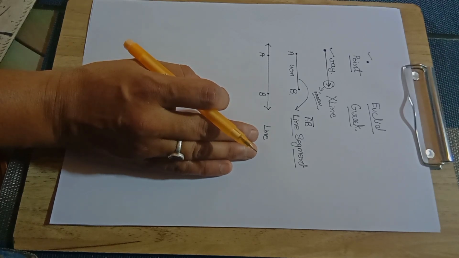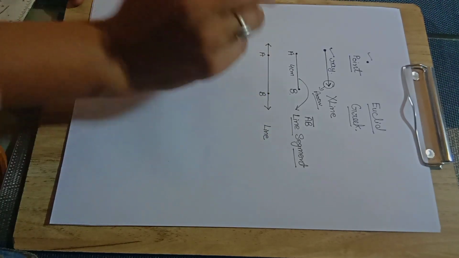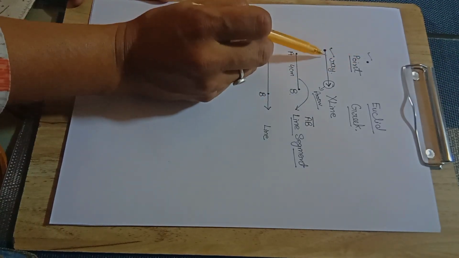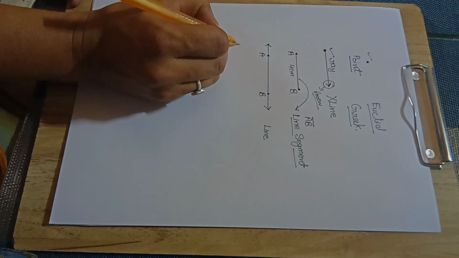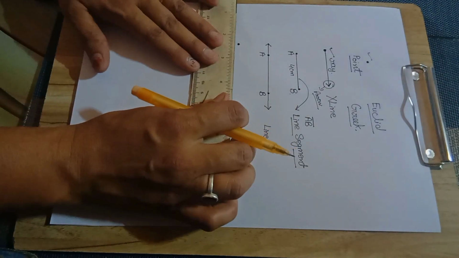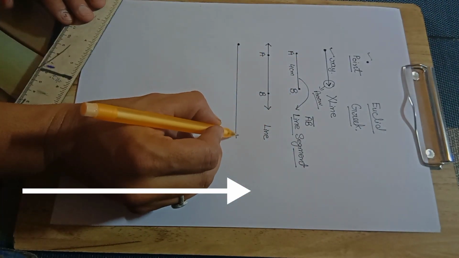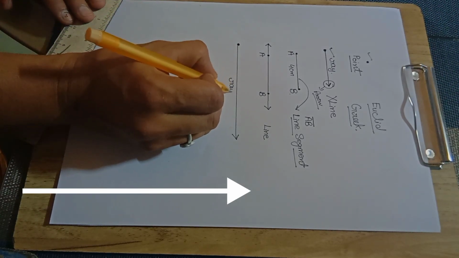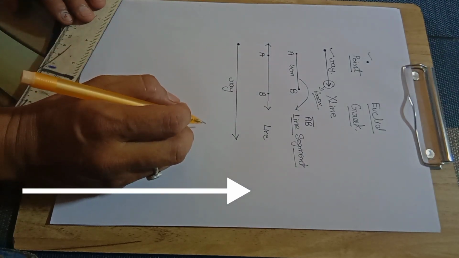So I hope you all understand what is a line, what is a line segment, what is a ray, and what is a point. A ray. Let us talk about ray. A ray starts from a point and it has only a single point, only its starting point, and it has no end. For example, we talk about sun rays.